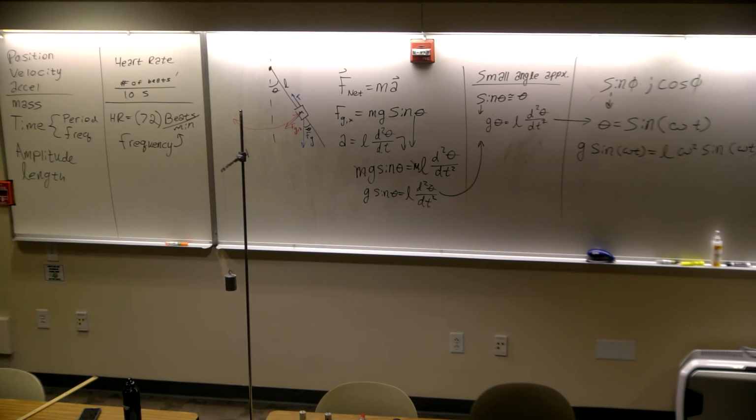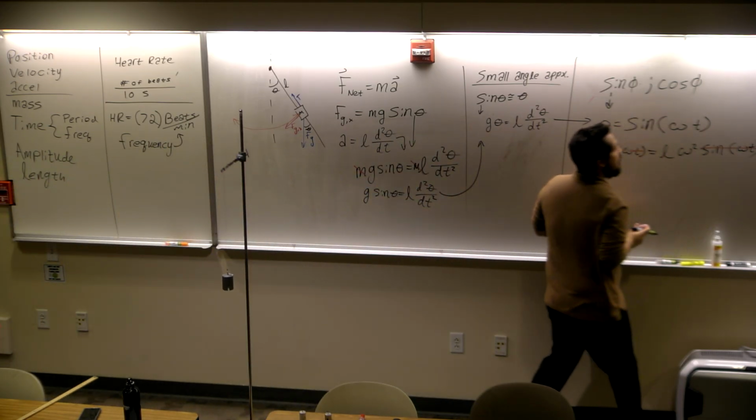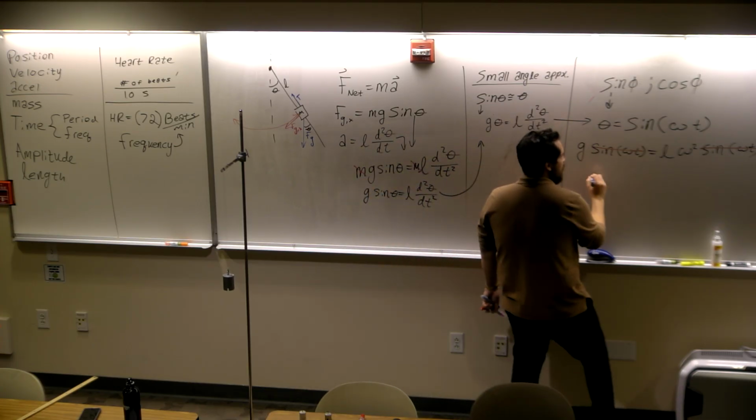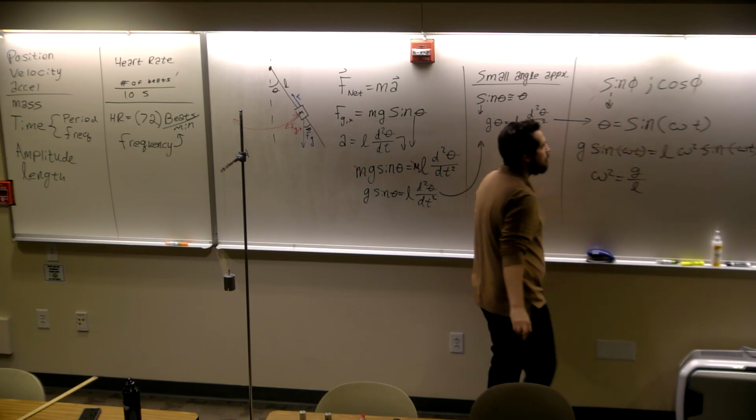It has to do with direction of forces and motion. You could just trust me that the negative goes away when you start putting in directionality. At which point, sine omega t cancels out of both sides, and you end up with this relationship that says omega squared is equal to g over L.